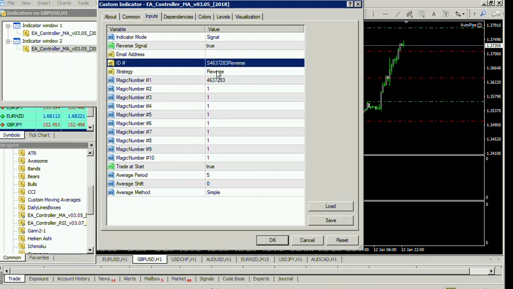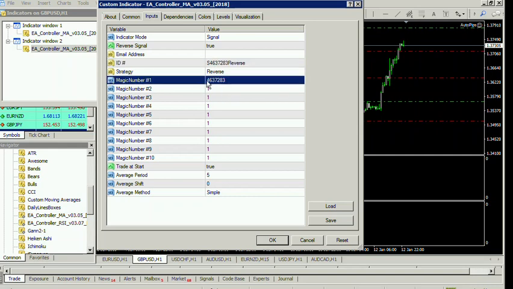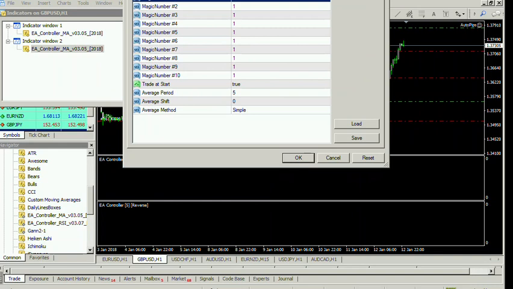I've given the descriptor of reverse, and I've added the magic number as before. And then we're trading at start set to true. We could set that to false. That's an option you have. And we're starting off with a period of 5. So let me enter my email address off screen.